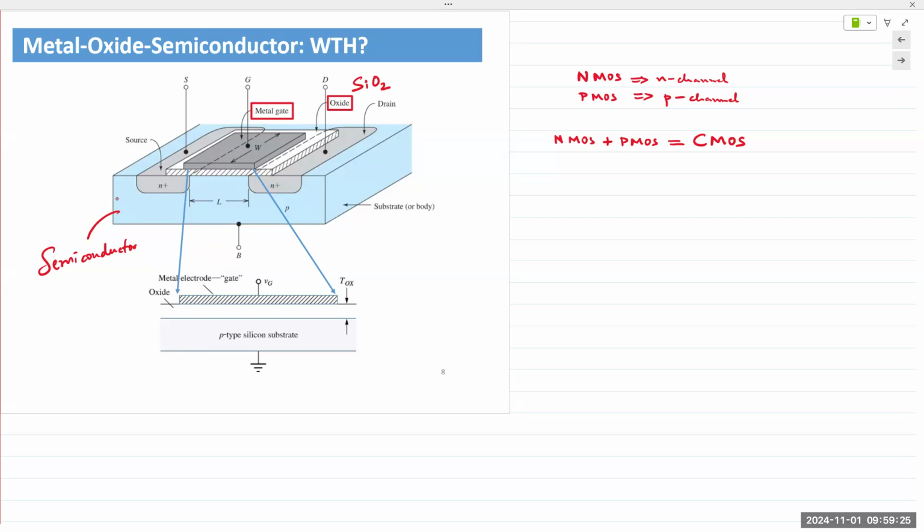Anyway, once they were able to create a fabrication process for both NMOS and PMOS on the same devices, it took off in a big way. Almost all computer chips that we use nowadays are based on the CMOS fabrication process. Every microchip that we use is based on the CMOS. It has both NMOS and PMOS transistors on there. Okay, and that's where the name comes from.